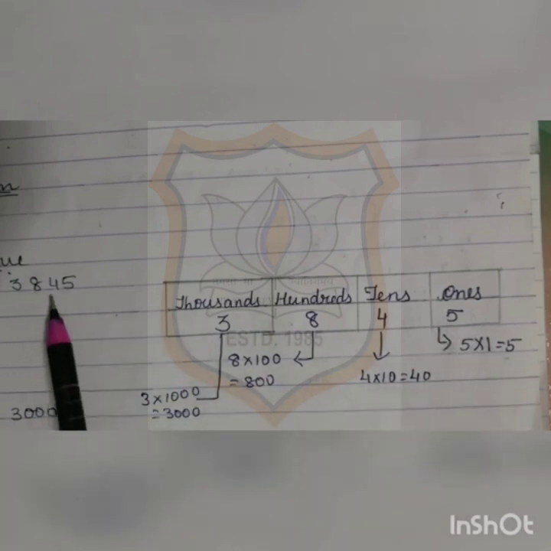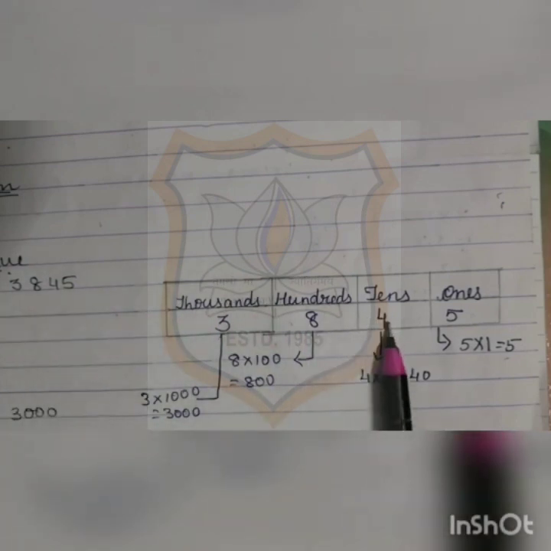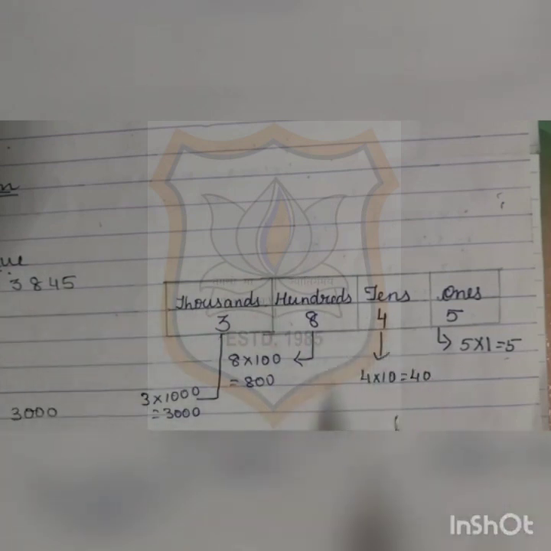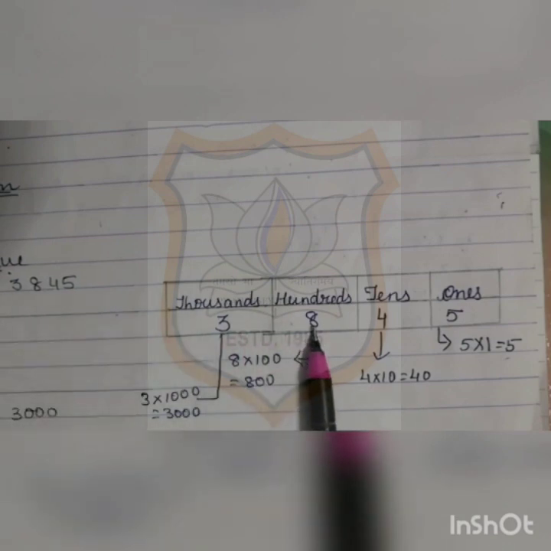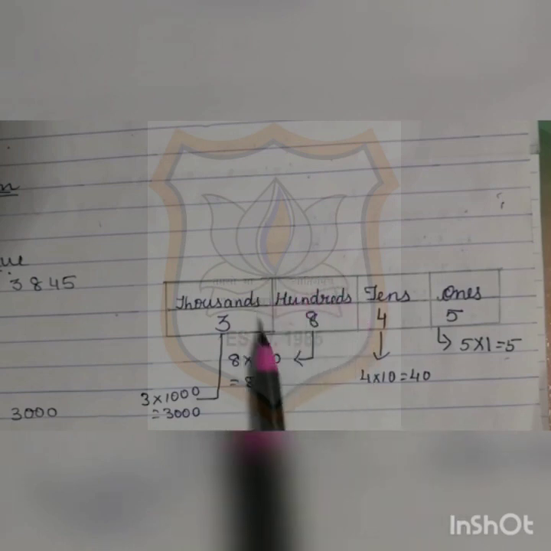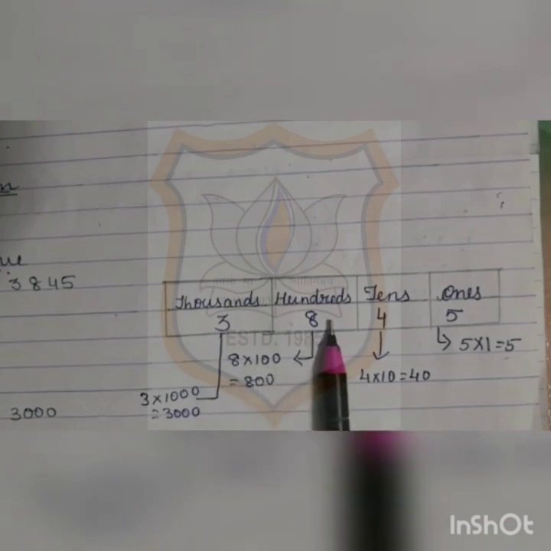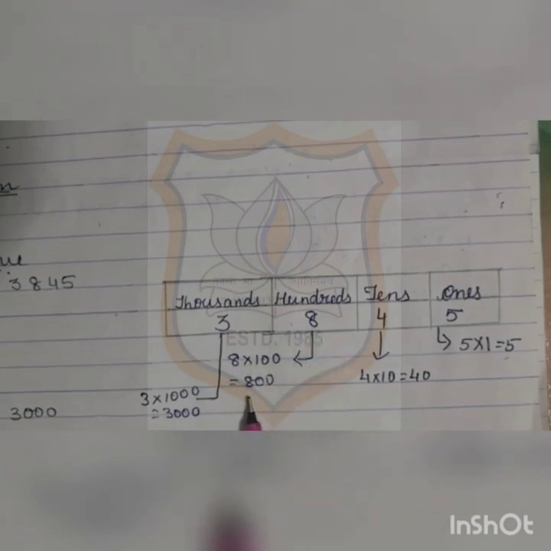Now the next number is 4. 4 we will write in tens position. So 4 is multiplied by 10. So the place value of 4 is 40. Next 8. 8 is written in hundreds position. So 8 will be multiplied by 100. So the place value of 8 is 800.